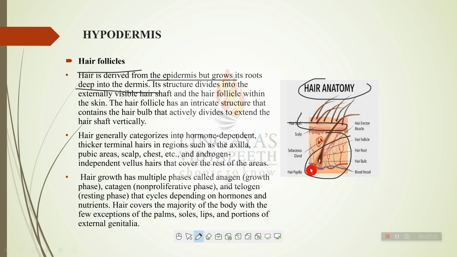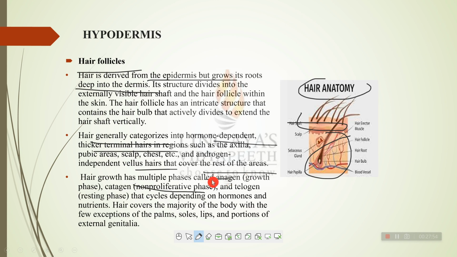The hair follicle has an intricate structure which consists of the hair bulb that actively undergoes division to extend the hair shaft vertically.